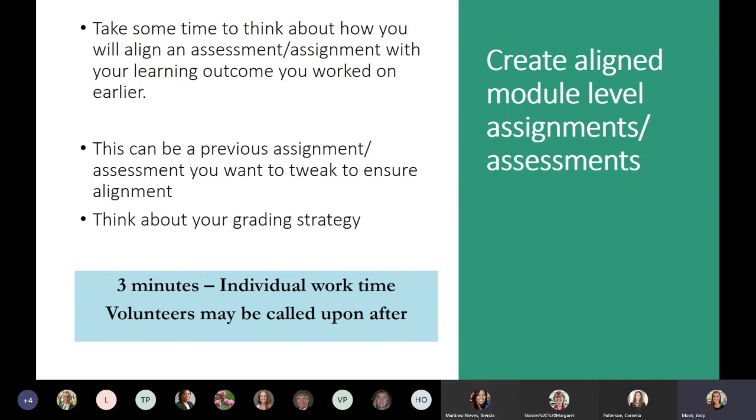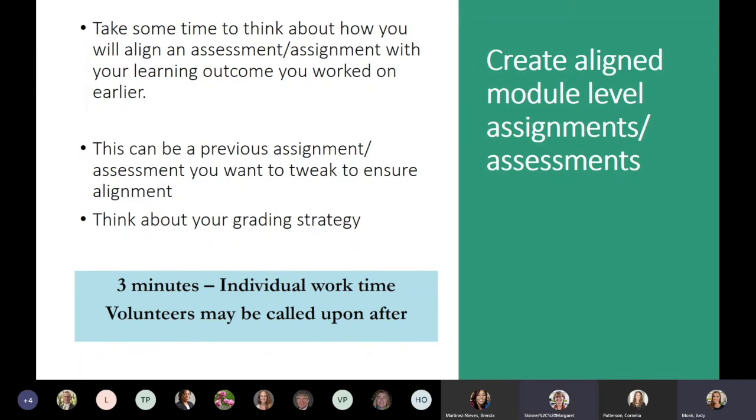So how do we know our students have hit those learning outcomes? And that's a perfect point, Brenda. Sometimes we present a learning outcome to students in module 2, and we don't really assess it until later on, because we need to develop it and get things started at module 2, and then they're ready to truly be assessed later.